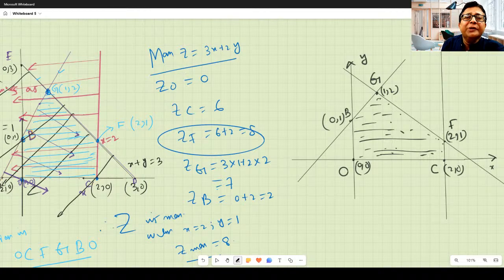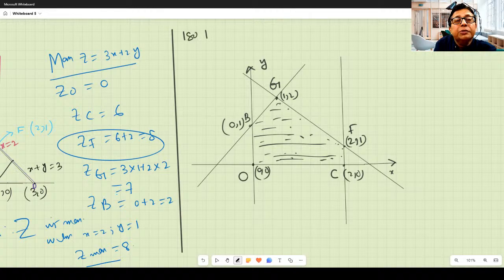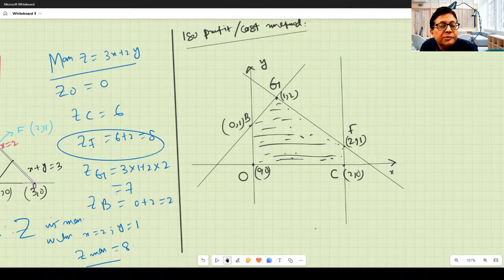So if we put the minimum most value, let us start with this, z is equal to, I am going to discuss isoprofit method or cost method. This time it is a maximization problem, so we want to maximize. Now let 3x plus 2y equal to 1.